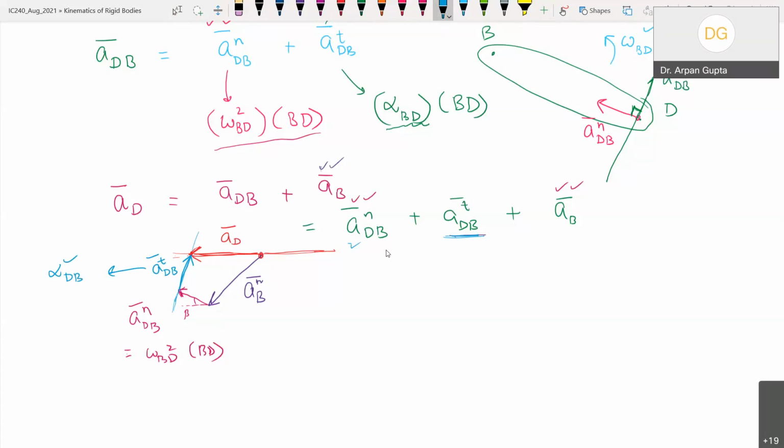From this, the acceleration of point D is known, the angular acceleration of the rigid body BD is known, and the problem is solved.